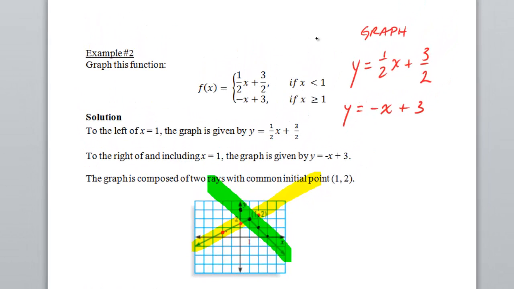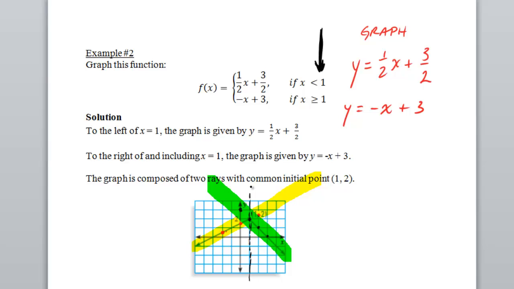Now, what we're going to do right here is create what we call a boundary line. So I'm going to draw a little dotted line to represent a boundary at 1. So I know right there at that level that I need a piece on one side of that, and I need a piece on the other side of that. Okay, so let's take a look at this.